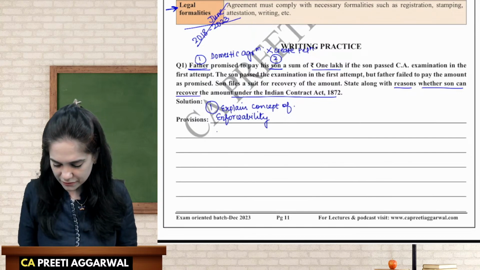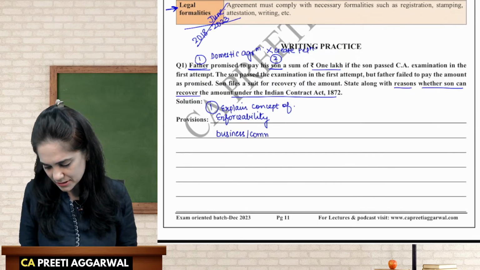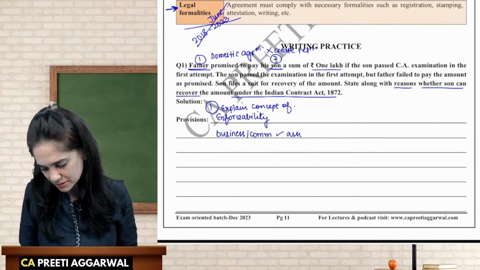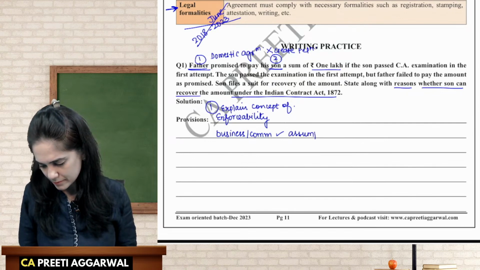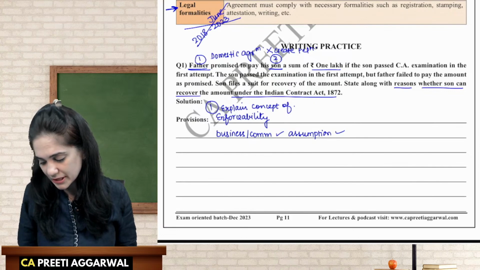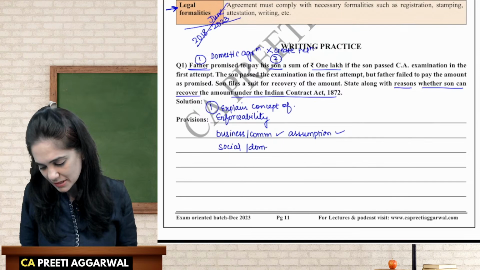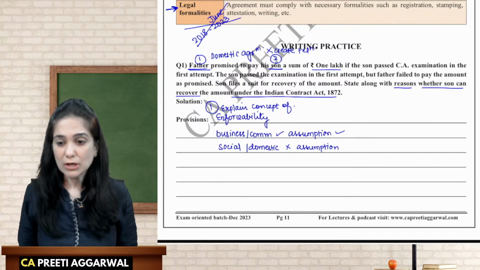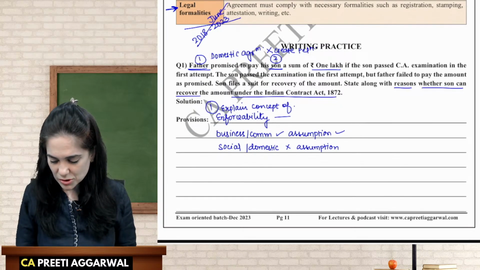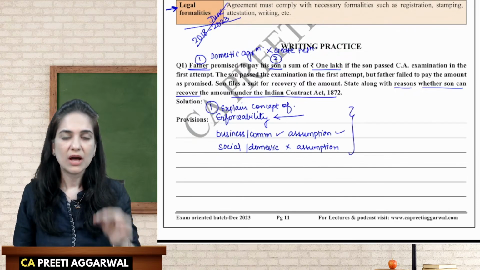In case of business or commercial transactions, there is an assumption to create legal relation. But in case of social or domestic agreements, there is no assumption to create legal relation. Okay, so your entire answer should be based on the concept of enforceability, and you will explain all these provisions after this.